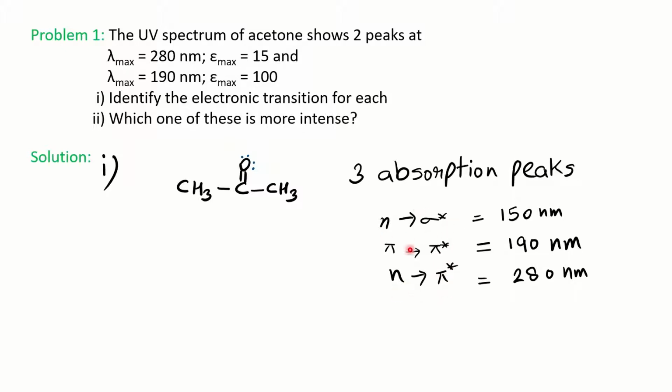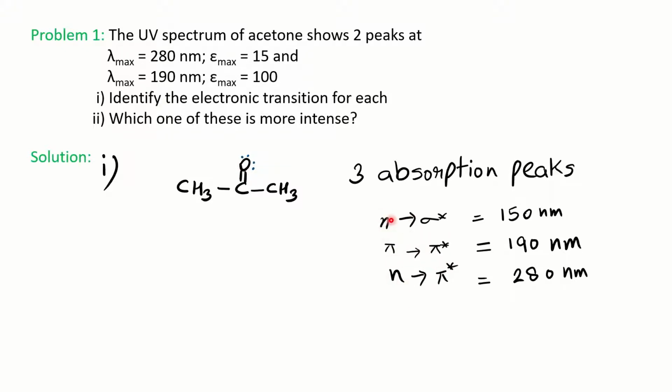And we know among the three transitions, n to pi star is having the least energy difference, as I assume that all of you are aware of the electronic transition spectrum. So n to pi star is having the least energy gap, means the wavelength should be the highest. So among the three, the highest is always for n to pi star if the heteroatom is present. 190 is for pi to pi star and n to sigma star, since the heteroatom is there, so both are present here.